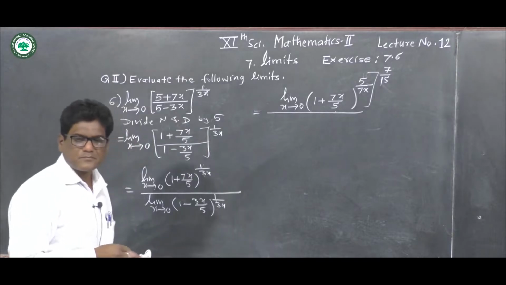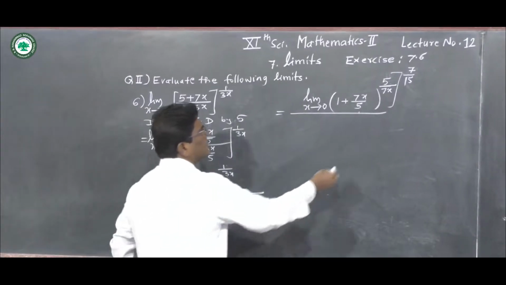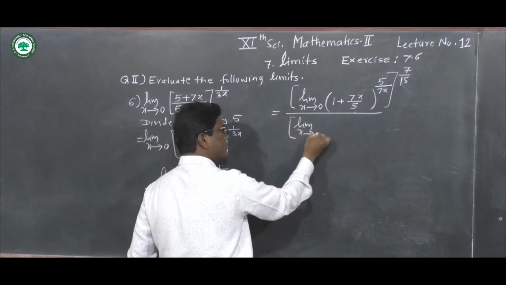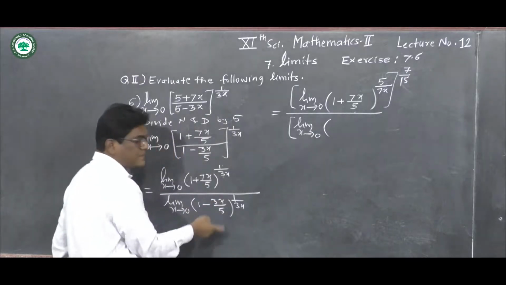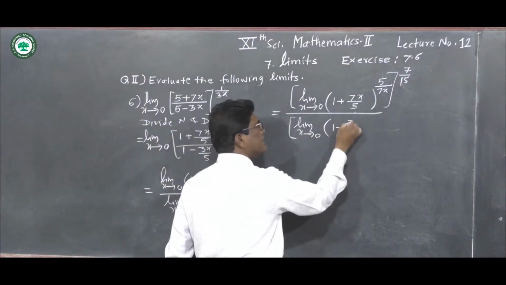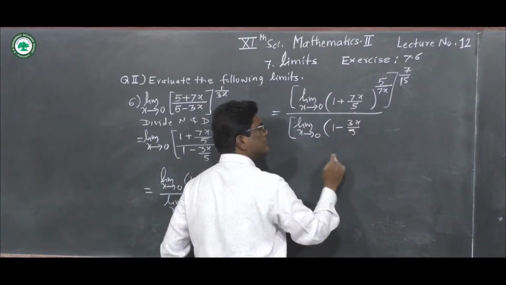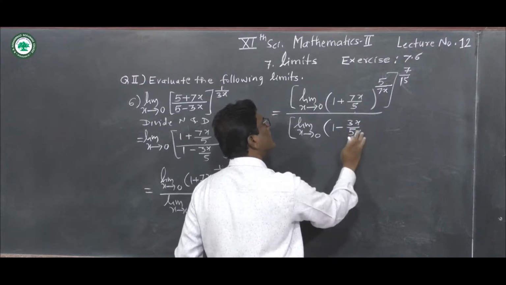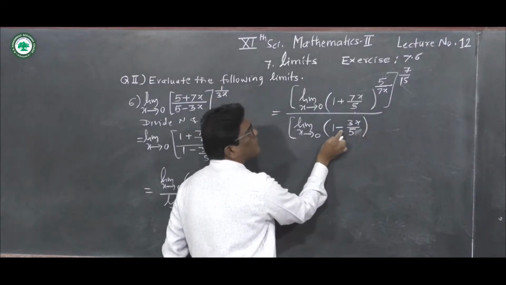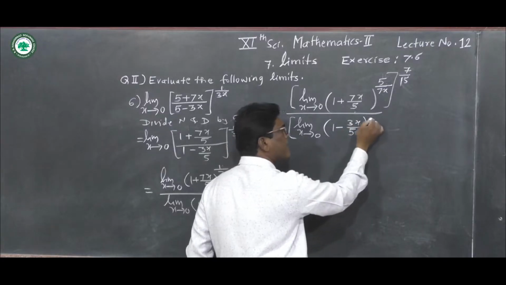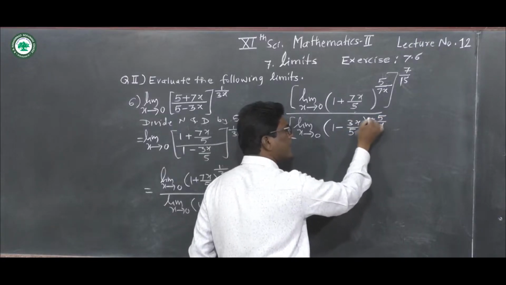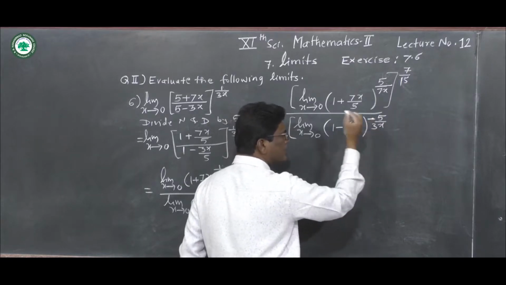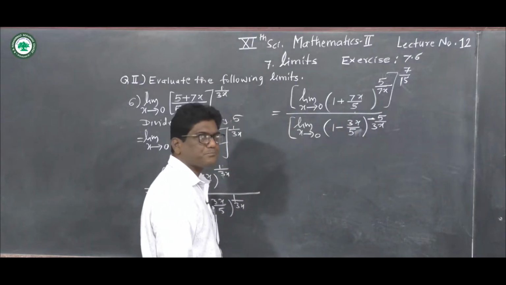Now in the denominator, limit as x tends to 0 of (1 - 3x/5). Now take the reciprocal of minus 3x/5 as minus 5/(3x), meaning the denominator becomes the numerator and the numerator becomes the denominator.